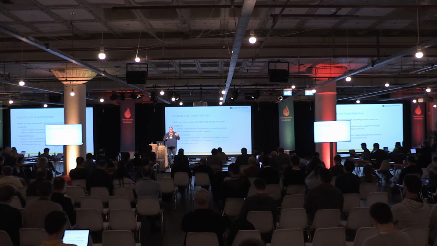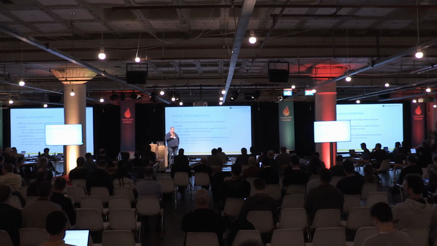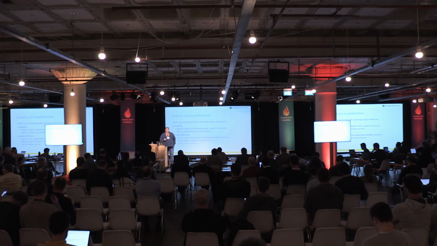So although they're notionally in the same space about talking about relationships between resources, functionally they do very different things, and they'll be used by very different client libraries for different reasons. Of course, GraphDefinition has all sorts of other uses, the definitional uses that GraphQL does not.